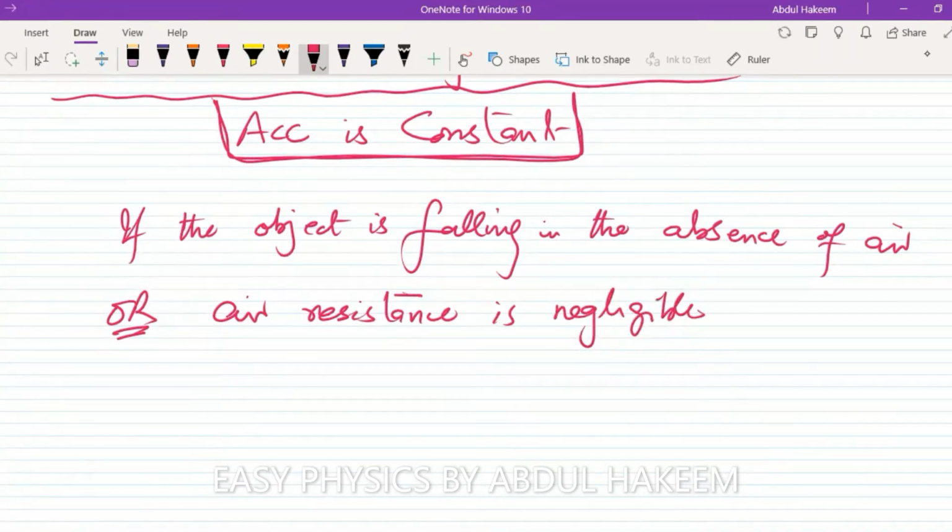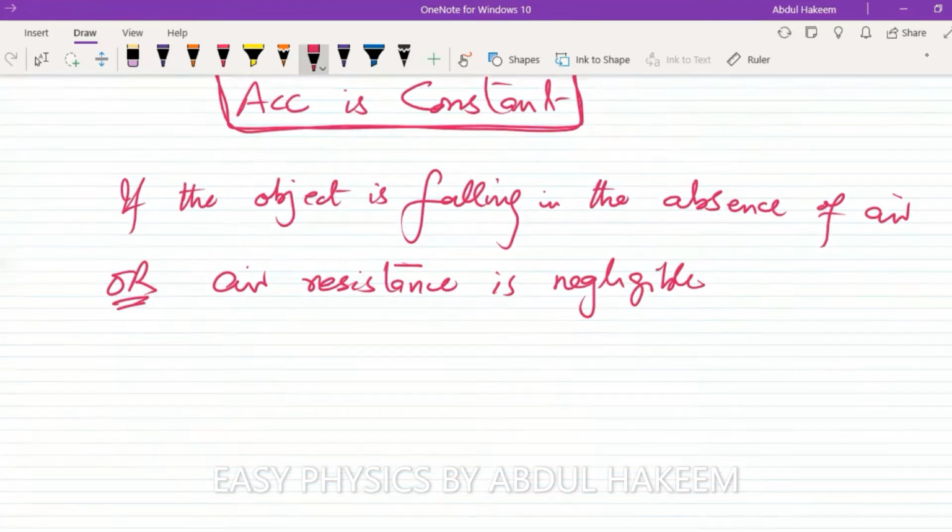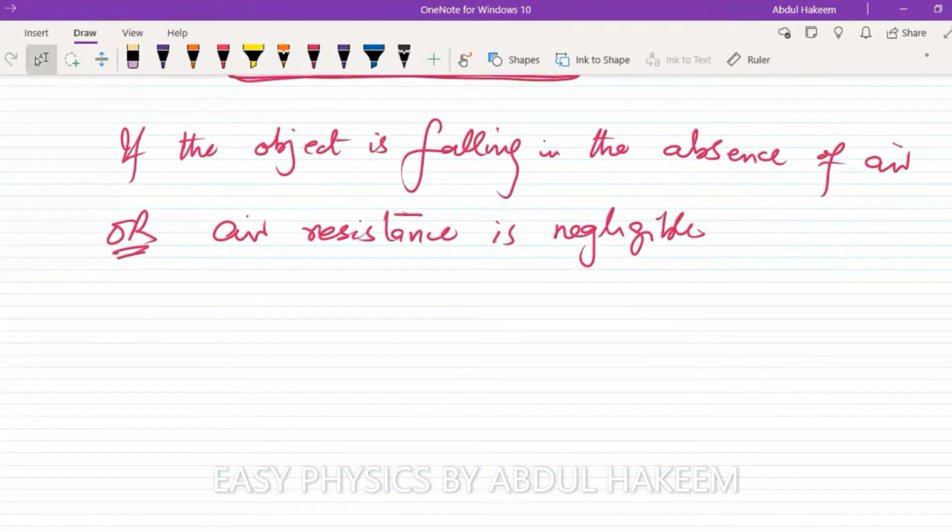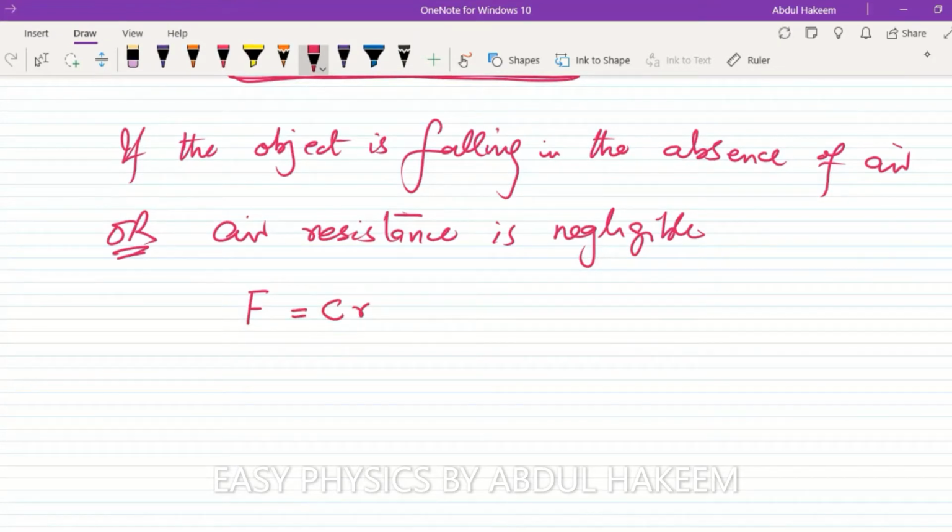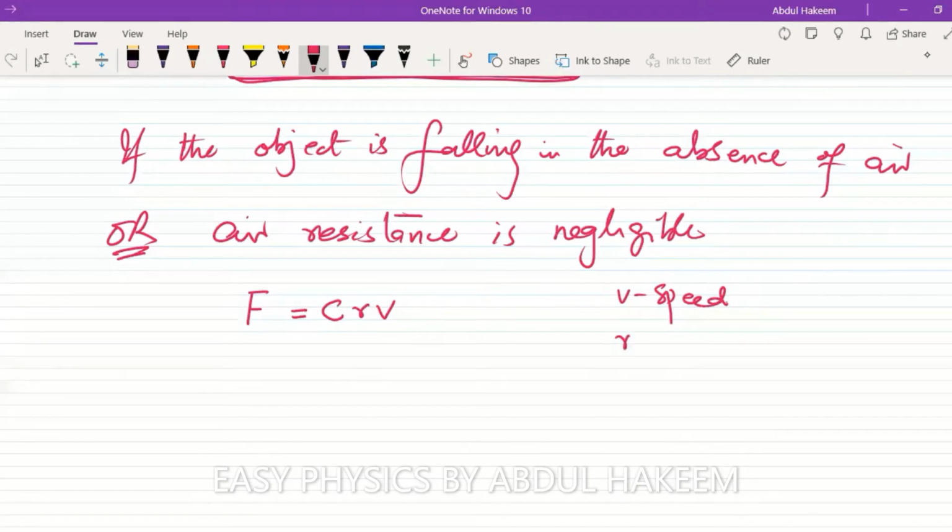Now, when air resistance is negligible, we have to calculate the air resistance force, which is the drag force of the air, and its formula is F = CrV, where V is the speed, r is the radius of the object, and C is the constant.